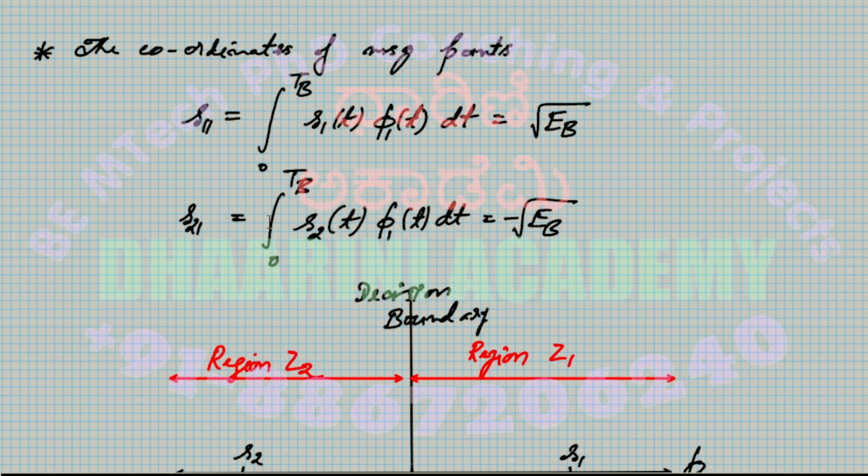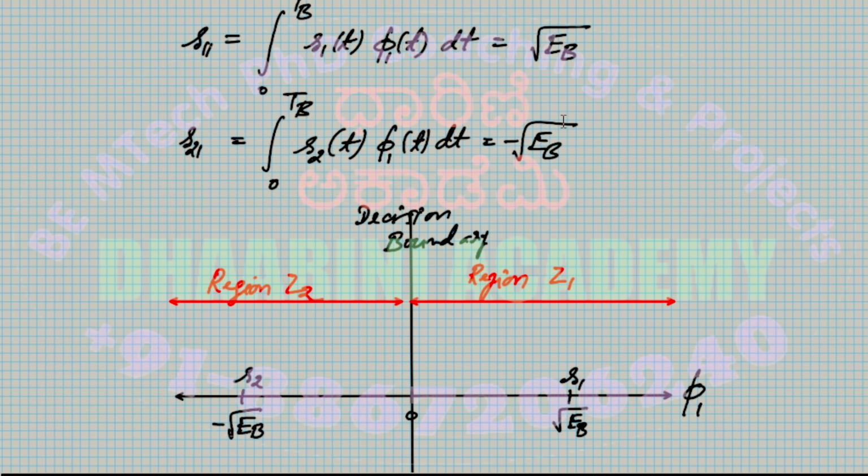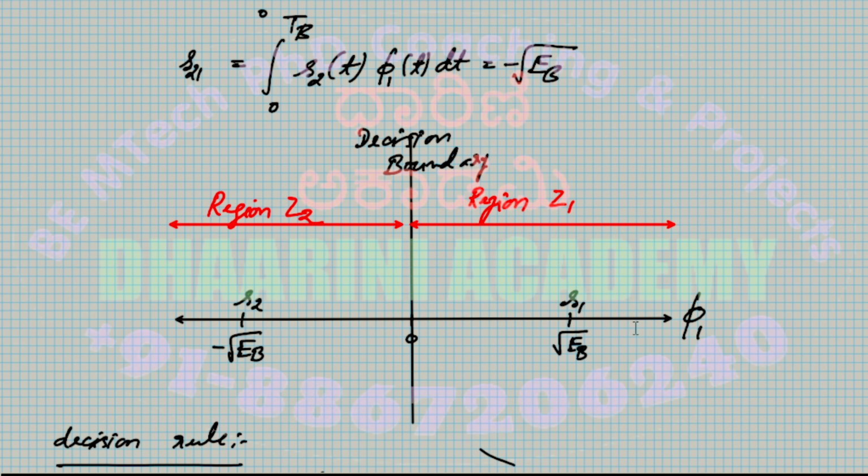At the same time, assume you received S2 and multiply with phi1 to get minus root Eb. These are the two possibilities. You see where they lie: root Eb on the right side of the vertical axis, and minus root Eb on the other side.